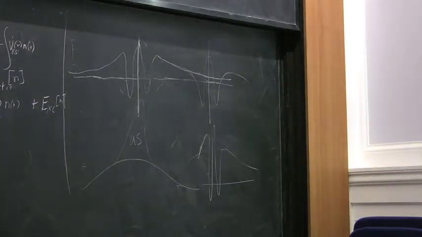Okay, so APW. My phrase is that it's the best of both worlds and it's the worst too. The best is you really treat them like it should be: between the atoms, the wave functions are smooth plane waves, and inside they're spherical with angular momentum.